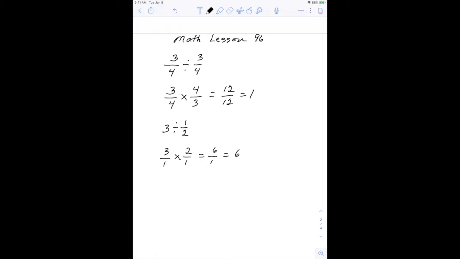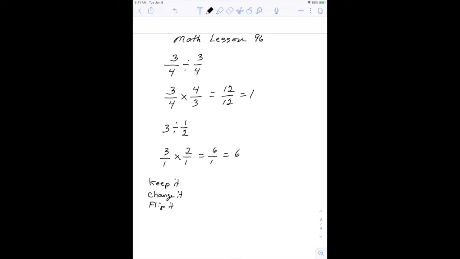All we have to do to divide fractions is to multiply them by their reciprocals. We use a little trick that might help us to remember, and this might help you. We remember to keep it, change it, and flip it. Let me show you how that works. Here's an example.